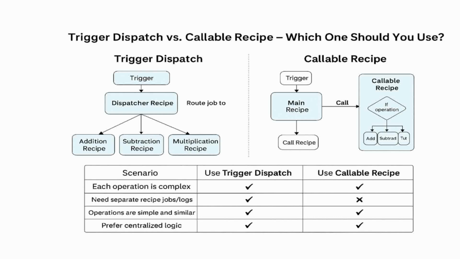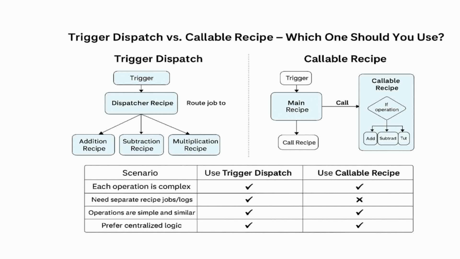Now in callable recipes, you have a main recipe. Then you call the callable recipe, passing the operation name followed by the numbers, to do the addition, subtraction and multiplication.